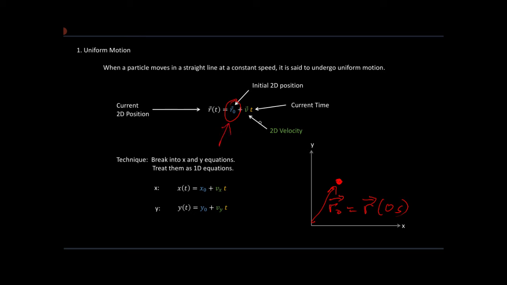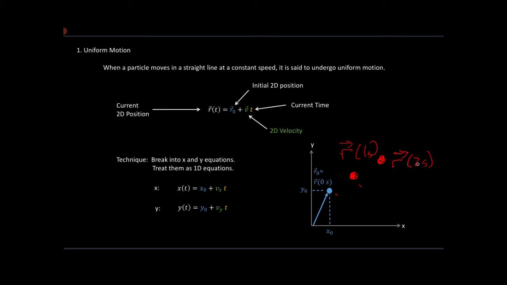And what we're going to do is, as we change our time, we're going to keep going in a straight line, so at a constant speed. So maybe our next position would be this one. That would be r at 1 second. Then our next position, which should have the same distance, would be r at 2 seconds, right? Go the same distance in the same amount of time, and it has to be all in a straight line, sort of like this.